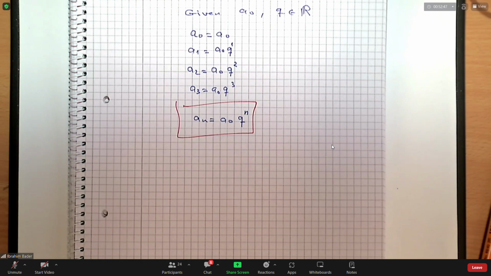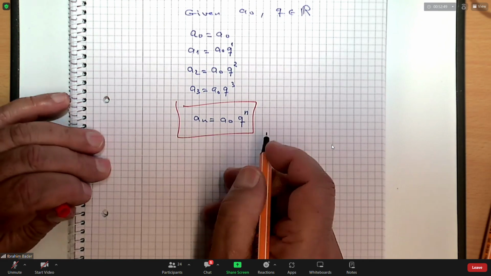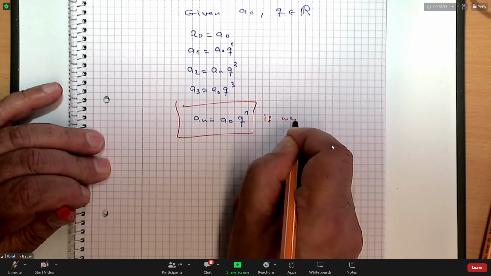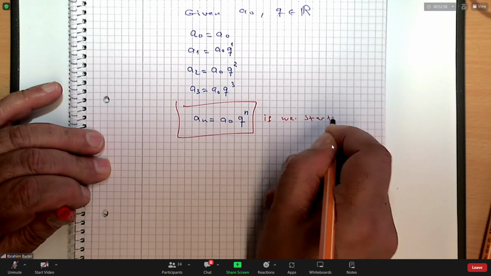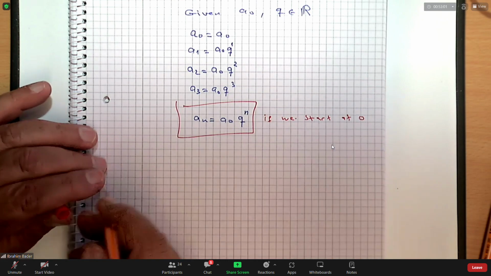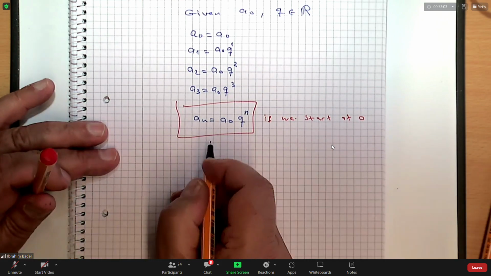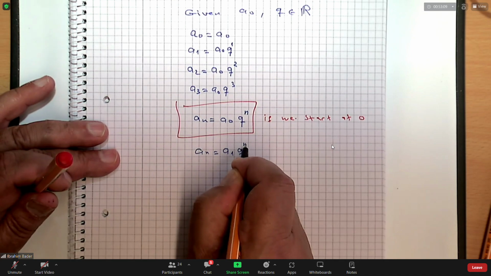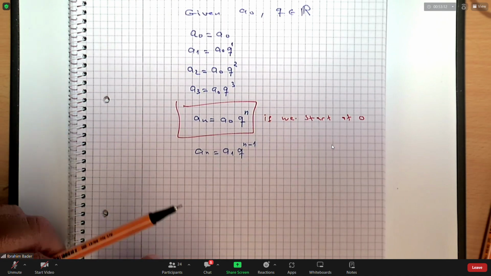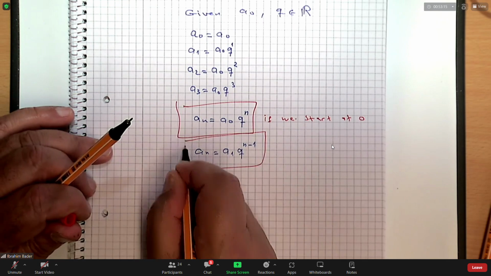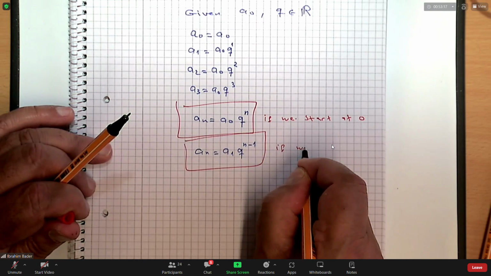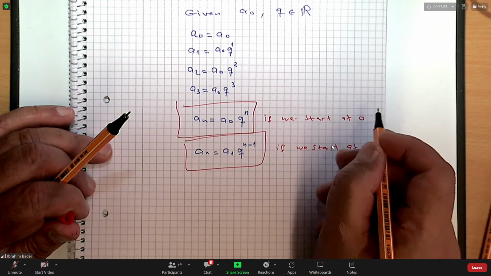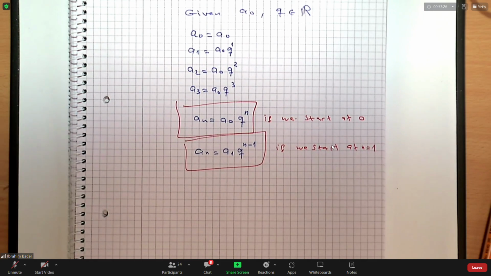Okay. So here if we start at 0, okay. Now if we start at 1, then the formula here is AN equals A1 times Q to the power n minus 1. Okay, you got the difference here? Of course, and here also the same.